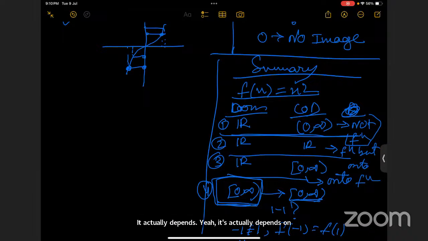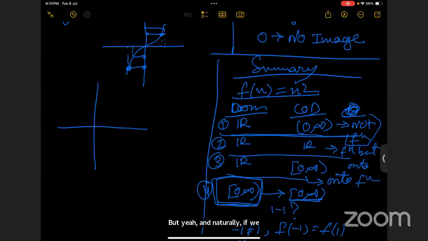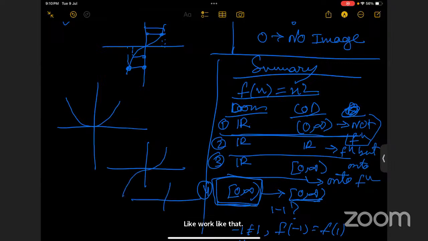But naturally, if we have an even number of roots, then it will work like that. And in the case of odd degree polynomials, there is a range from minus infinity to plus infinity.